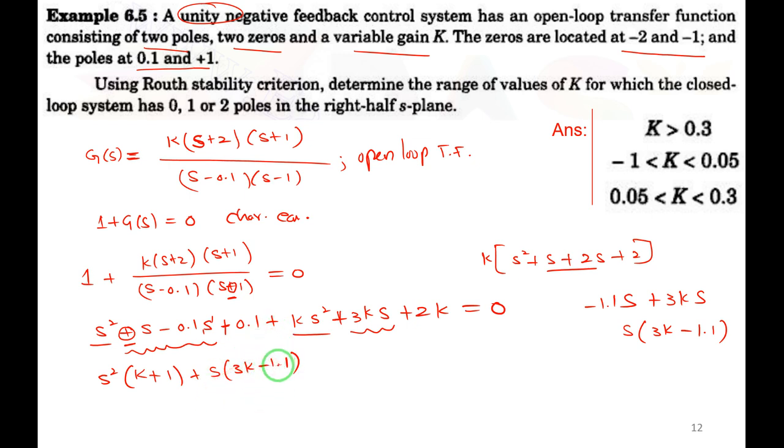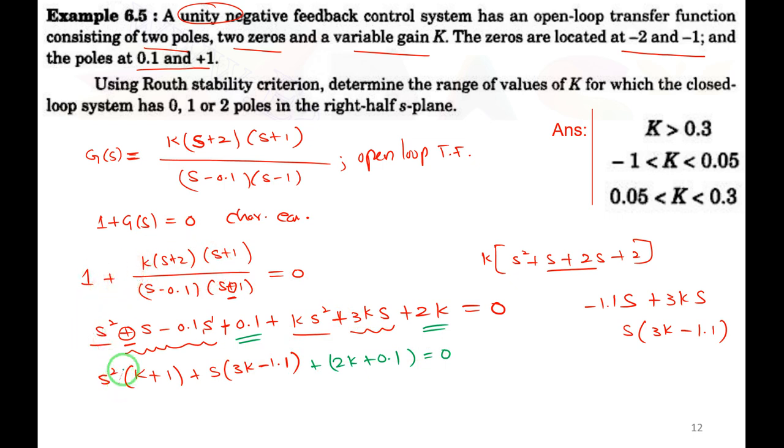3k minus 1.1. Then next, I will change the ink color. A constant term 0.1, 2k is there. So let me write it as 2k plus 0.1. This is the constant term. Okay, then we will form the Routh array, right?